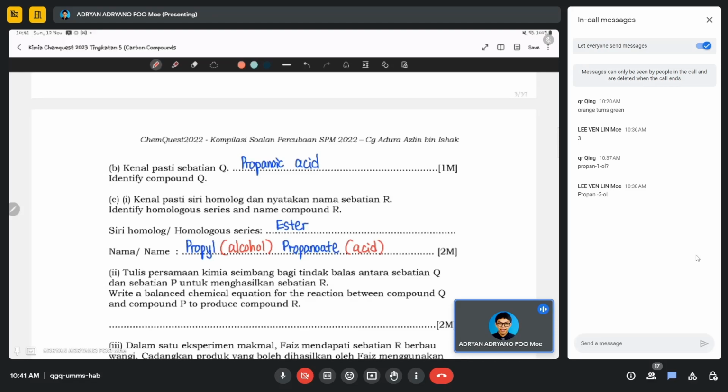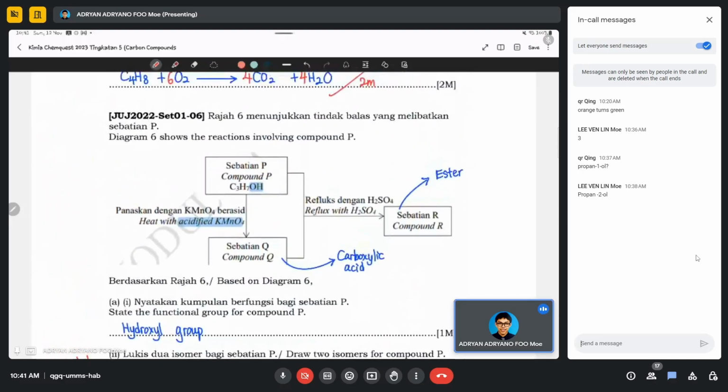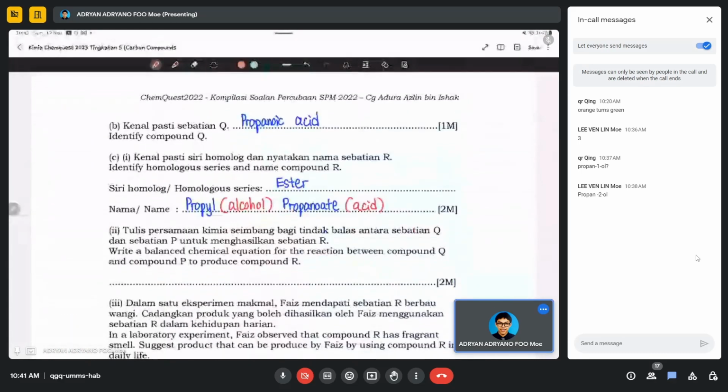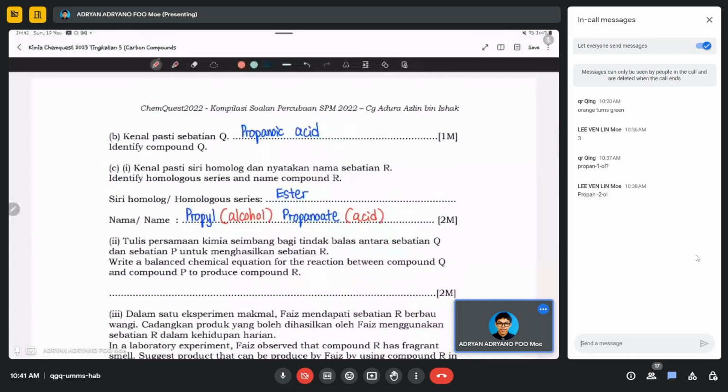But if I draw the structural formula or the molecular formula, I put the acid in front and then the alcohol at the back. You must remember this. For example, we have propyl, propanol and propanoic acid, and two others. Let's say ethanol.